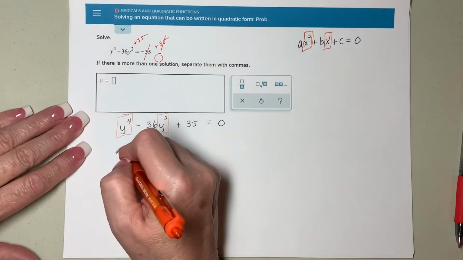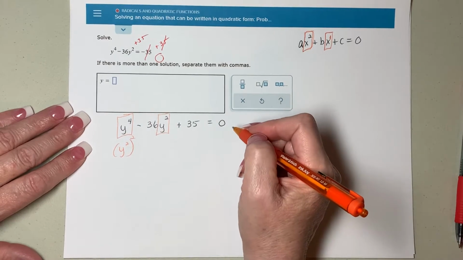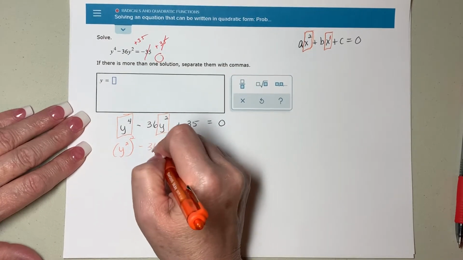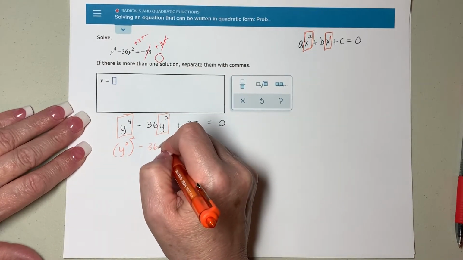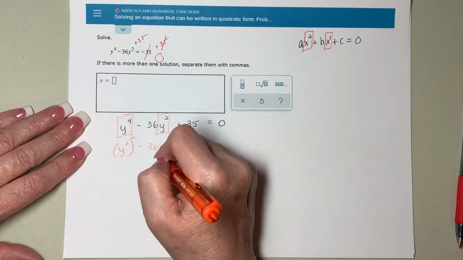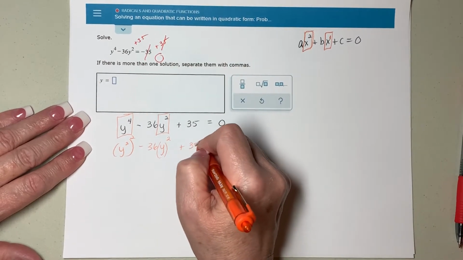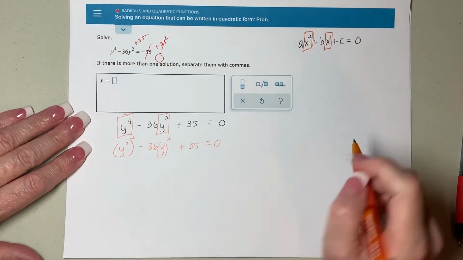This guy here could be written as y squared squared minus 36 y squared plus 35 equals 0.